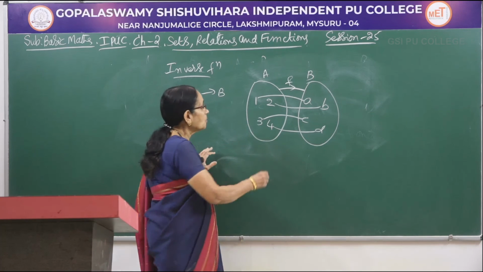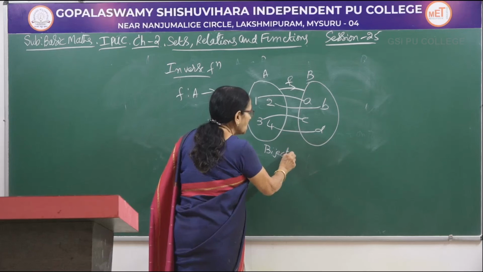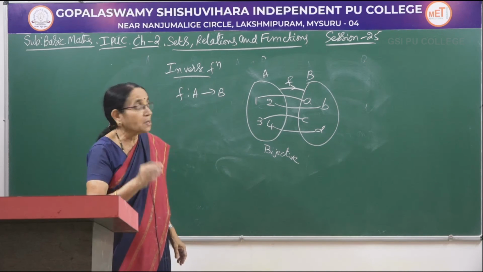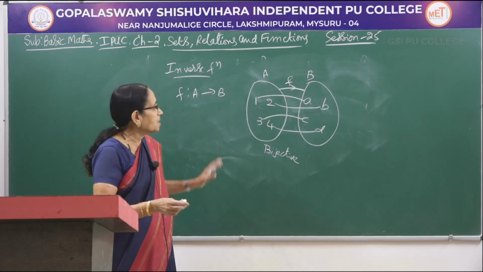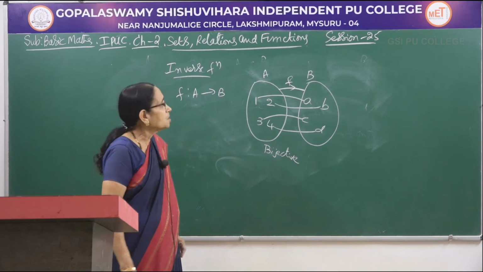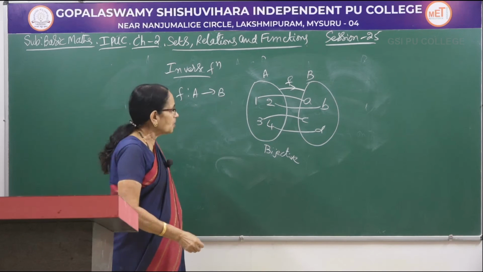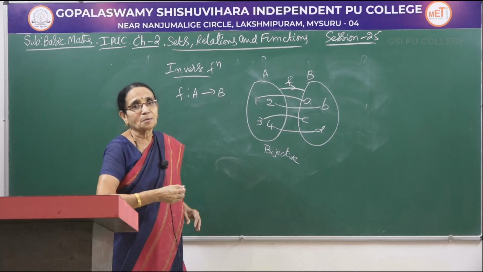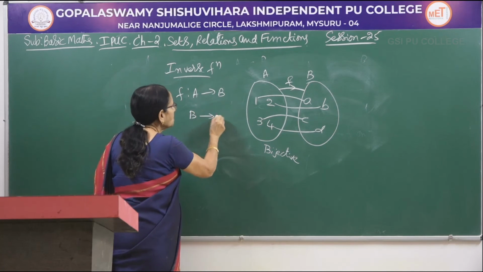That means it is both 1, 1 and onto, or I can call it a bijective function, isn't it? Both 1, 1 and onto means it is a bijective function. Now function f is from A to B. Suppose I define a function in the reverse order. Here the reverse order means from B to A.